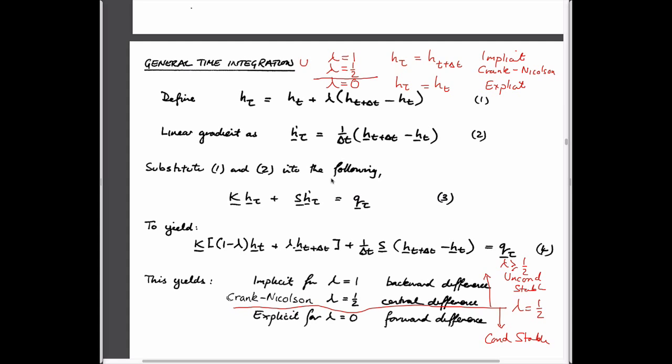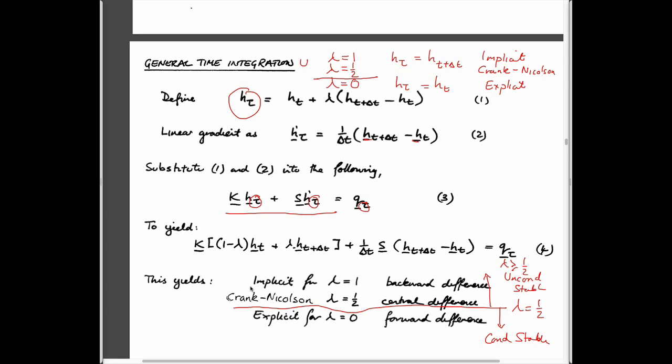And so what you can do with this is define what the equations look like. We can define the linear gradient of head is still linear between the later time and the earlier time, so that doesn't change this expression at all. And so what we then do is we write our finite element equation at some particular value of this time tau, which is given by this expression here.